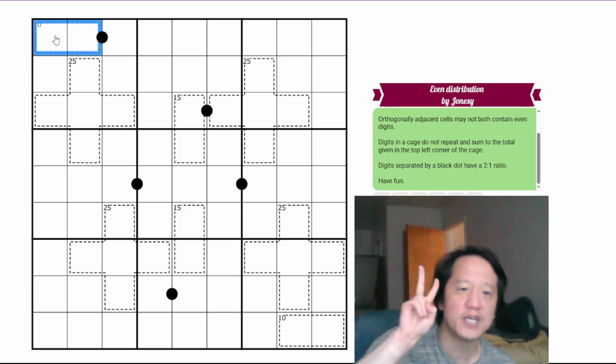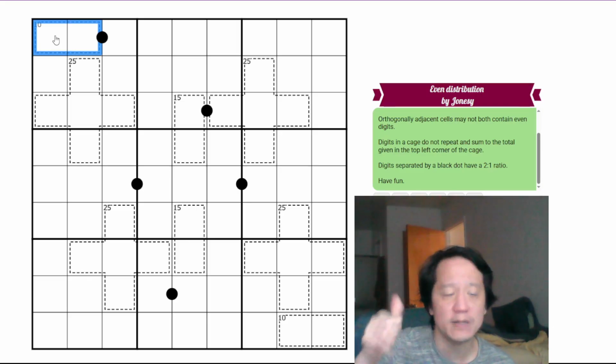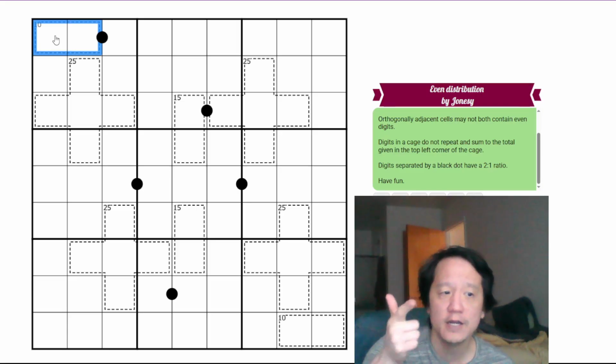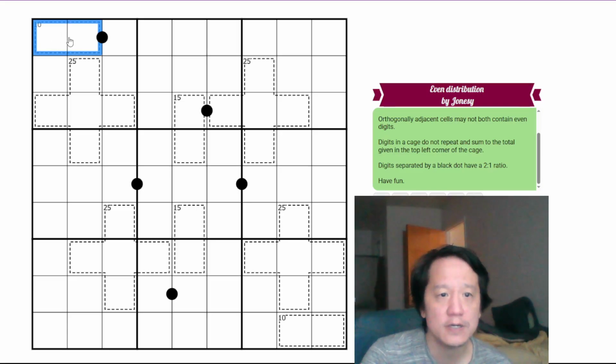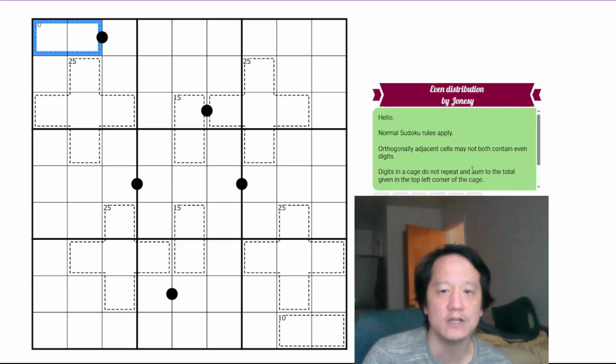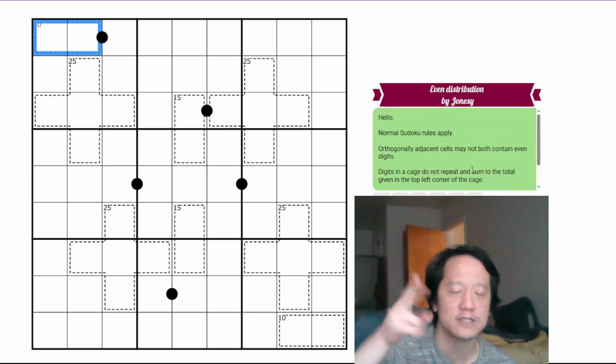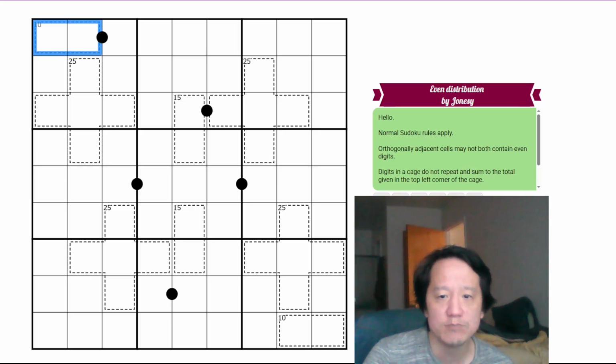Also, if you have two digits adding up to 10, they must either be both even or both odd. And since both evens would violate the rule that orthogonally adjacent cells can't contain two even digits, these must both be odd to add up to 10. So these are both odd and these are both odd.